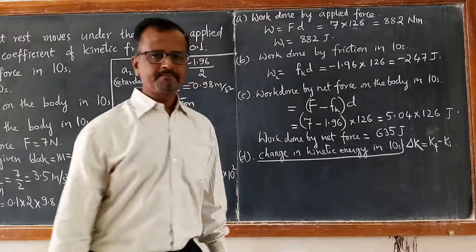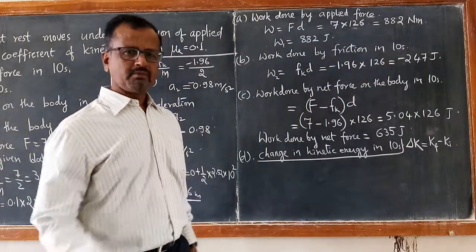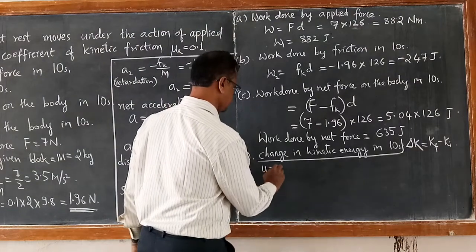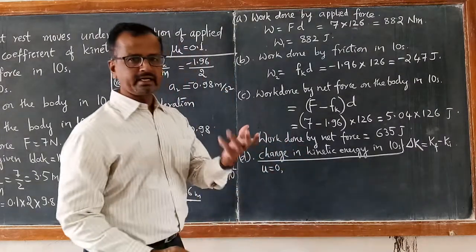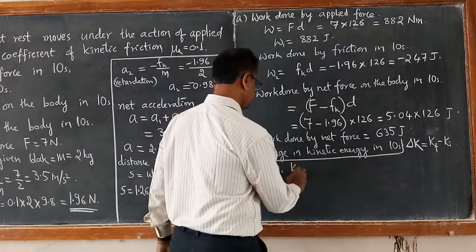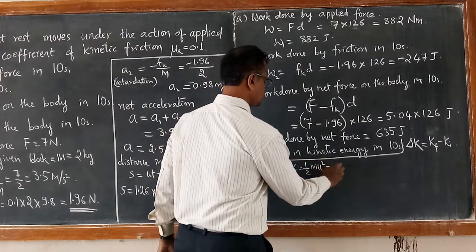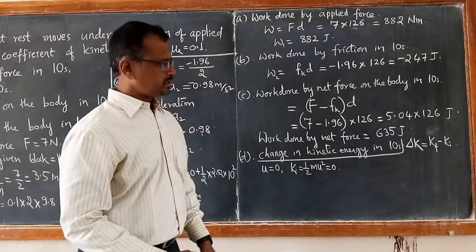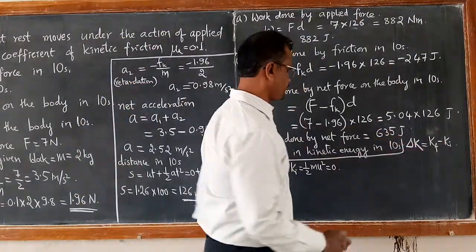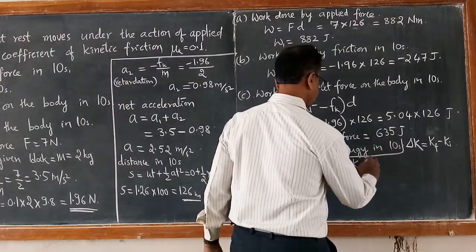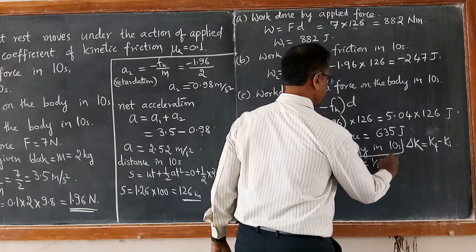What is Ki, the initial kinetic energy? The body started with initial velocity u equal to 0. So initial kinetic energy, half mv square, is definitely 0. Then we want Kf, half mv square.